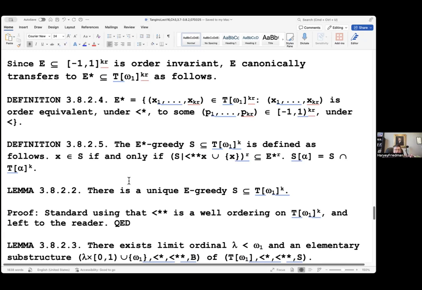This is the encapsulation of this in common set theoretic terms. We define S with the following condition: X is in S if and only if S restricted to the predecessors of X, union singleton X, to the rth power is contained in E star R.